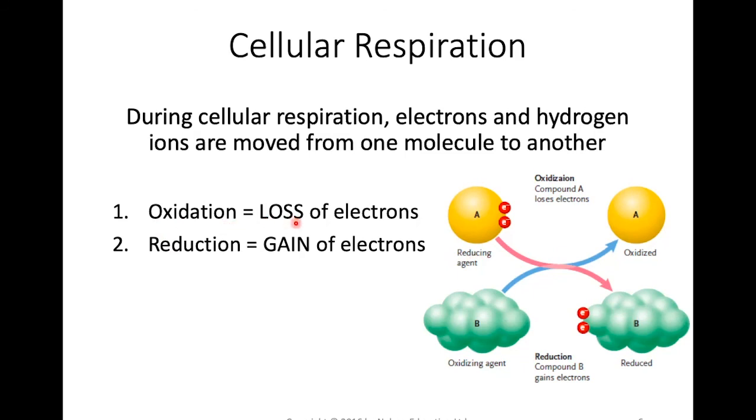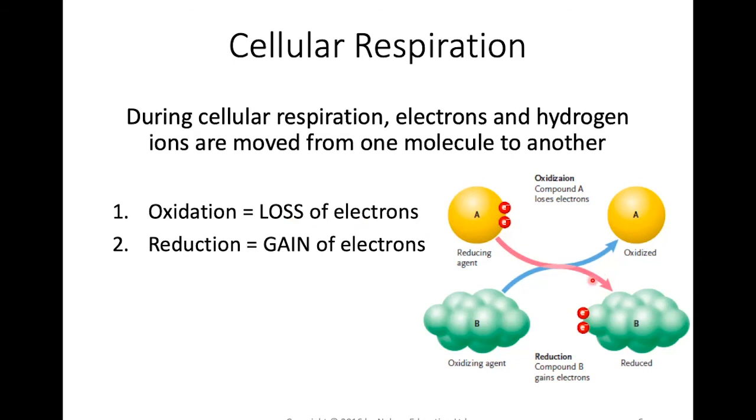Now remember, electrons exist in covalent linkages. Say you're talking about a carbon and a hydrogen being bound together. The electrons are what are holding those 2 atoms together. When we oxidize any compound, we are going to be losing electrons, and those electrons are going to be passed on to another molecule. All right?